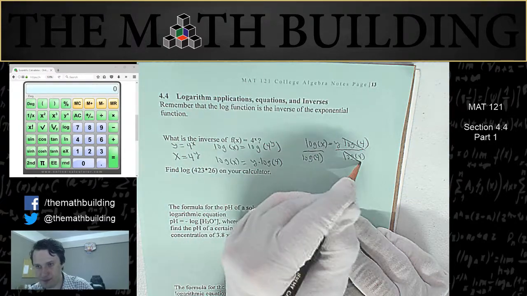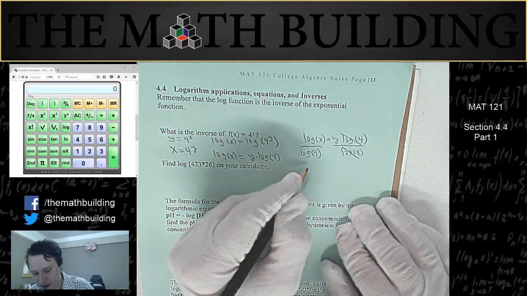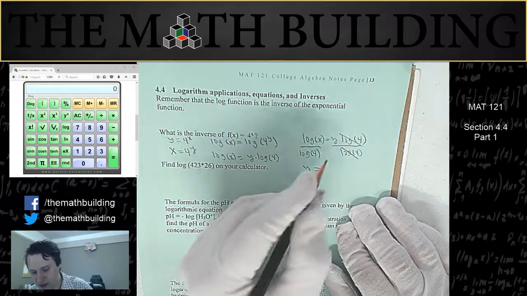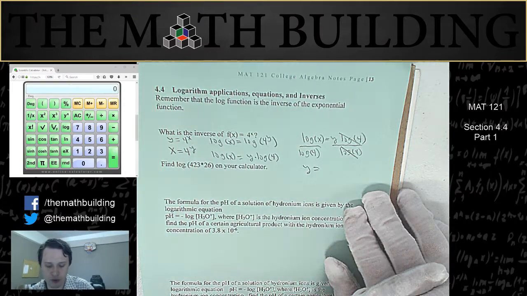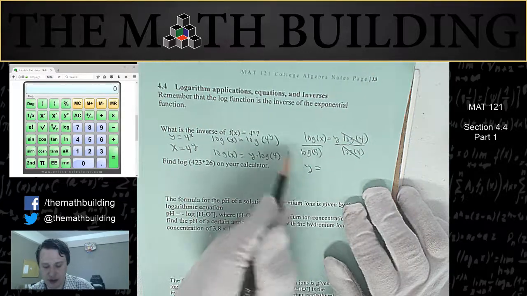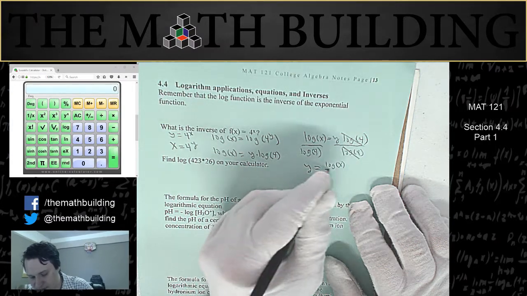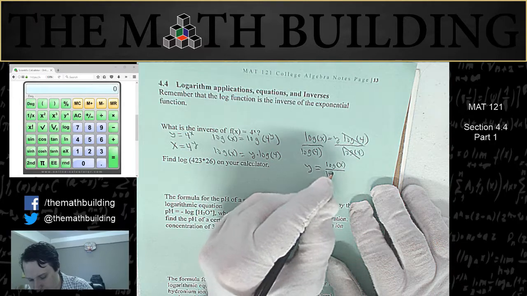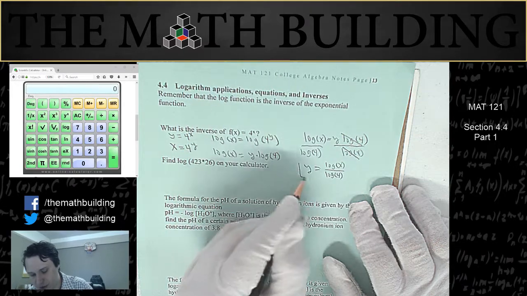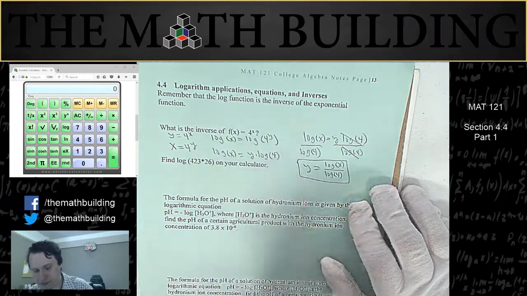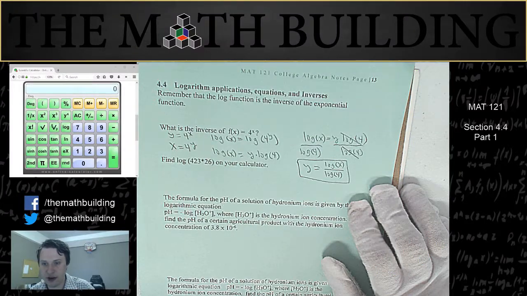And they cancel. So the answer is, the inverse is y equals the log of x over 1 over log of 4, or you could put that out in front if you wanted to, but I'll just leave it like this. The log of x divided by the log of 4. Just like that. So there you go.